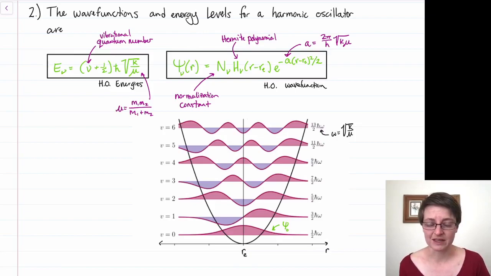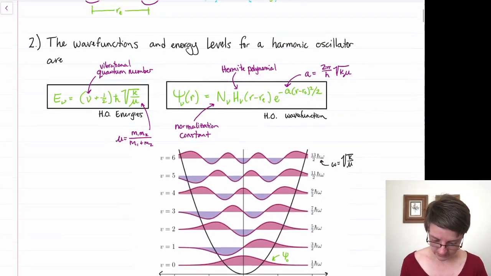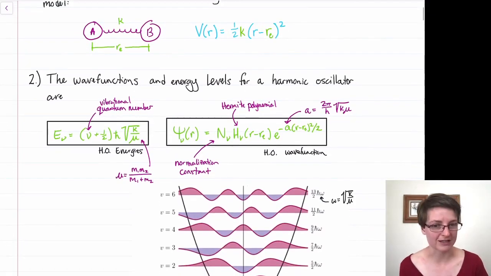The energy levels themselves are pretty simple. The energy level is given by nu, our vibrational quantum number, plus 1/2, times h bar, Planck's constant divided by 2 pi, times the square root of k, our spring constant or bond force constant, divided by mu. Here, mu represents a reduced mass, which is the product of the two masses for atoms A and B, divided by their sum.